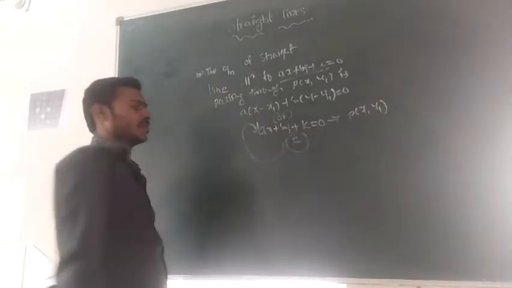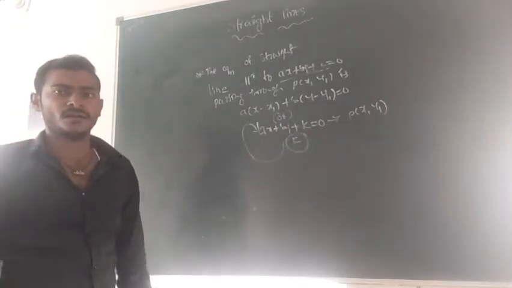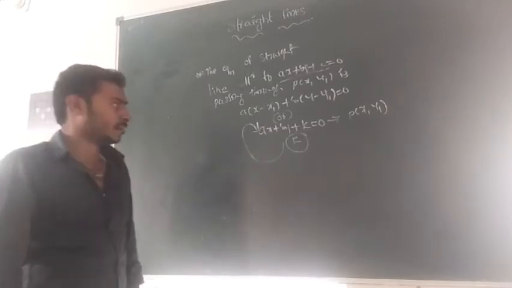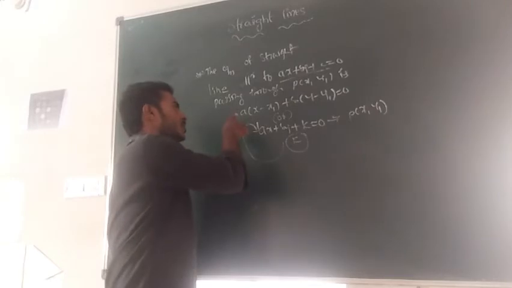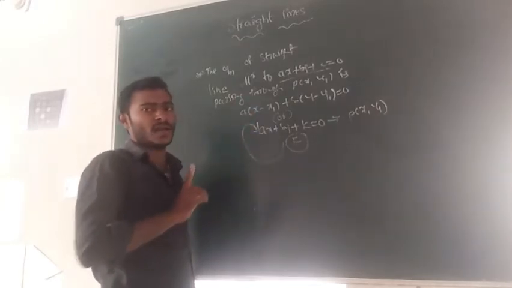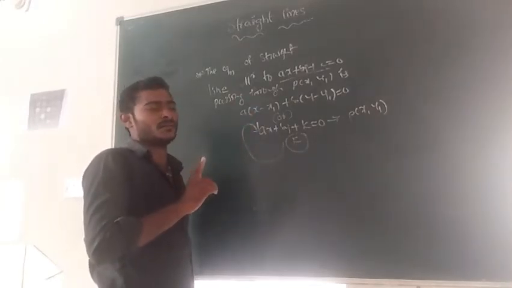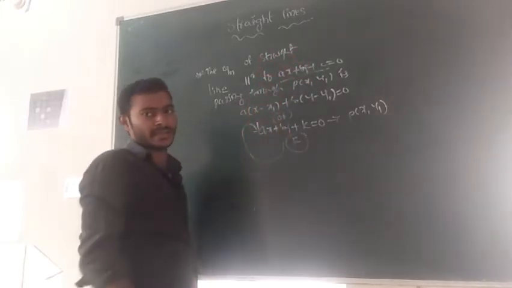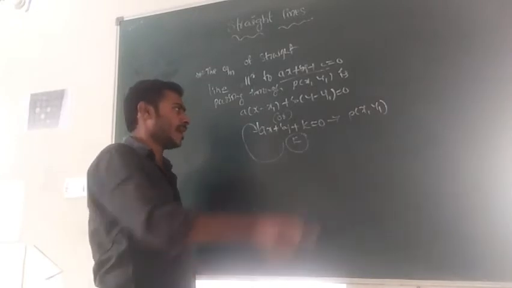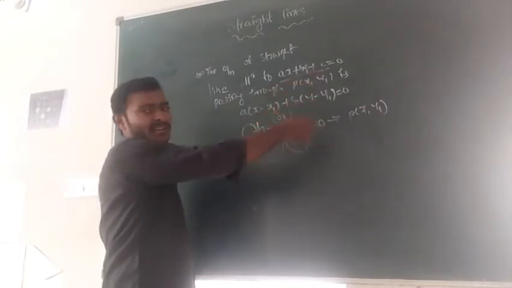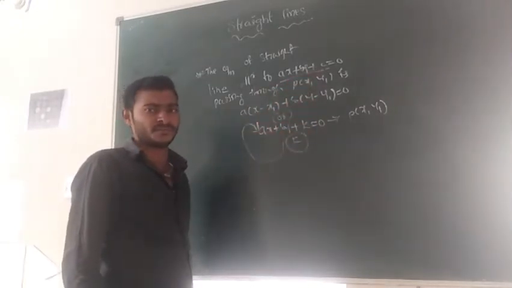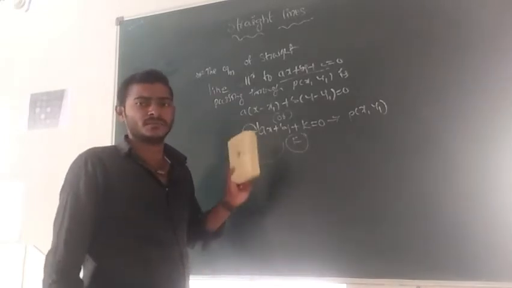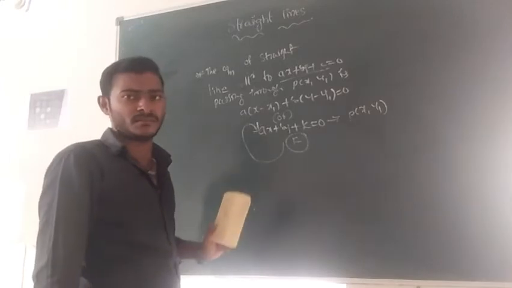Substitute it again in this equation and we get the parallel equation of the given straight line. Even if we don't know the formula, we can take the straight line, replace c with k, substitute the given point, get the k value, and substitute it back, and our result will be there.